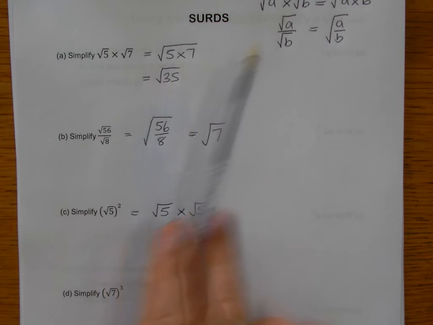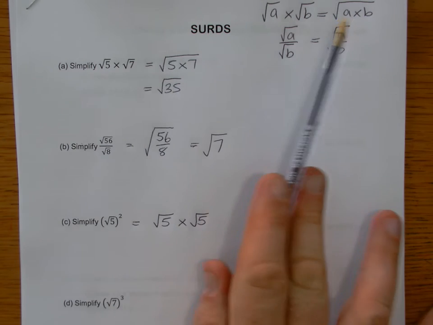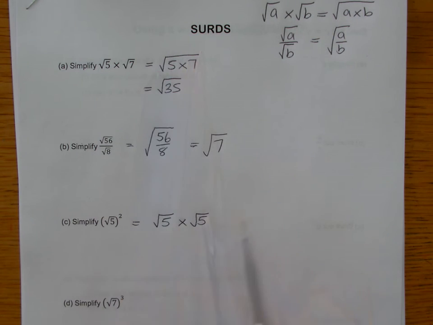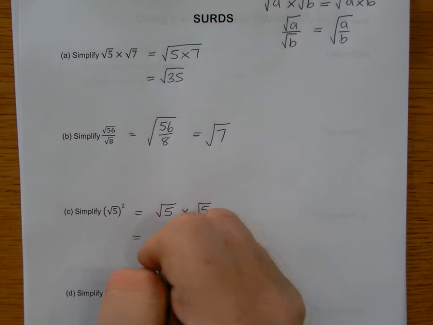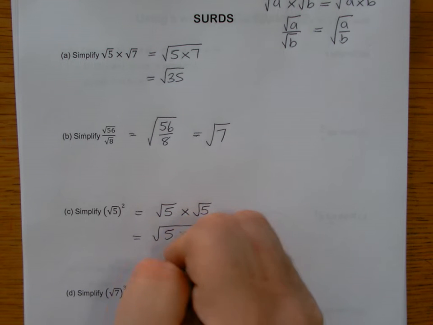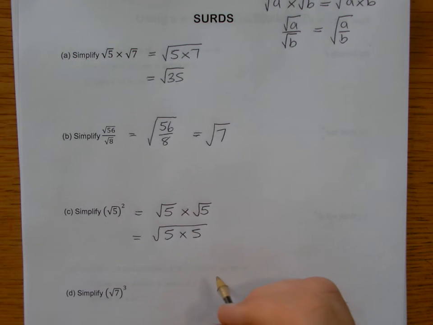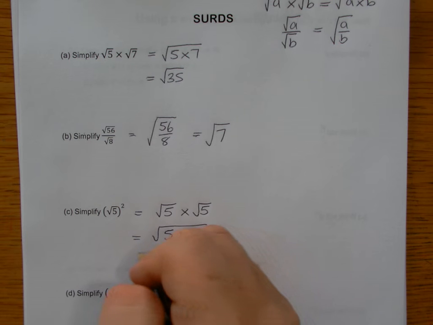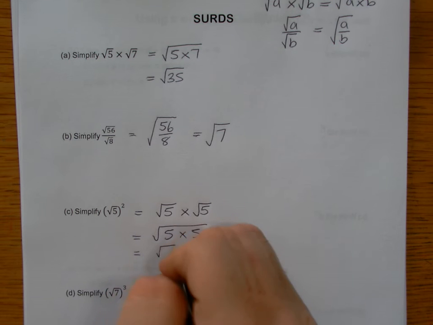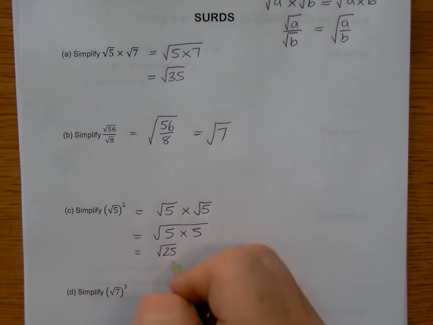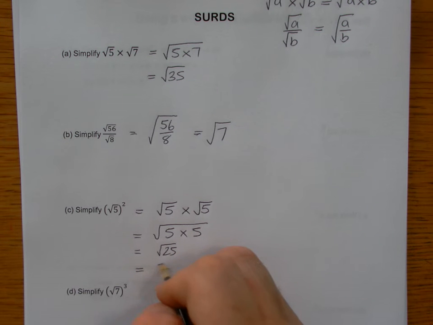And applying the rule that we learnt in A, we can then put it under one root and do 5 times 5 inside that one root. You work that out, and 5 times 5 is 25. And if you know your square numbers, you'll know that square root of 25 actually works out to be 5. You can actually root it because 25 is a square number.